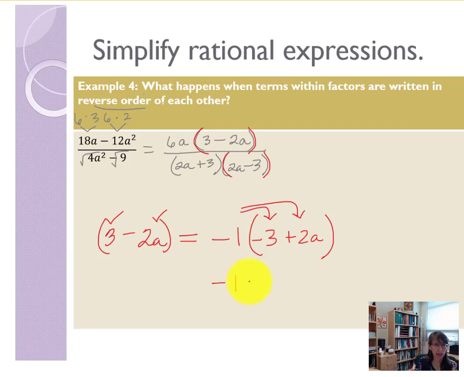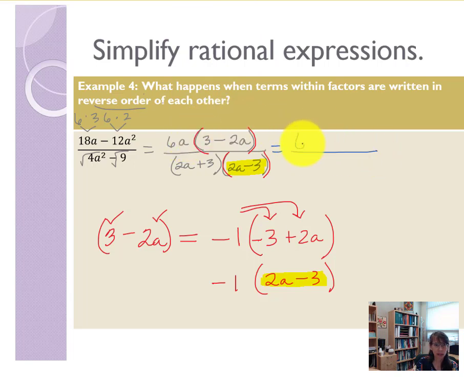So if I take the terms that are in this quantity and just reverse that order, let's put 2a first and the minus 3 last. Do you now see how this quantity is written in the same order as the quantity in the denominator? So that's going to be very helpful to us.